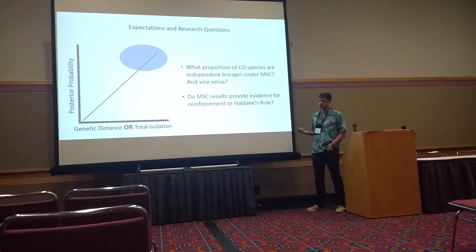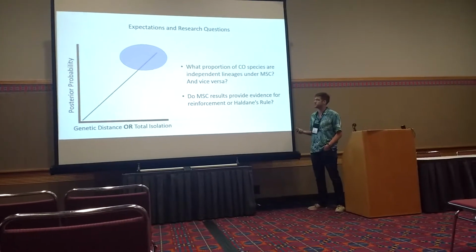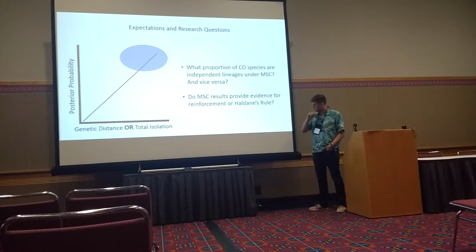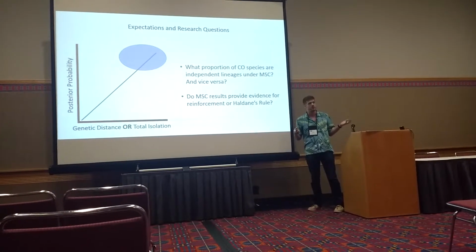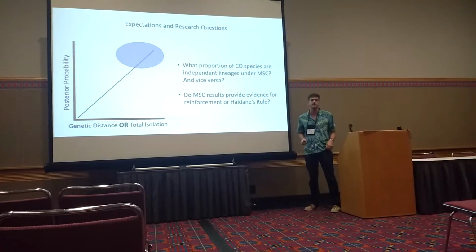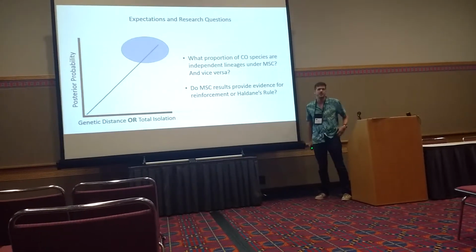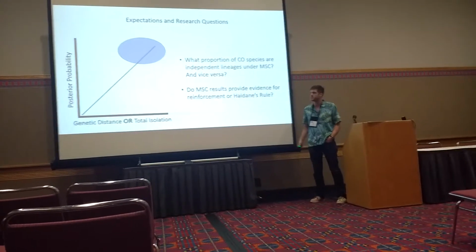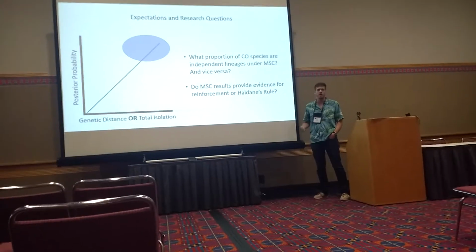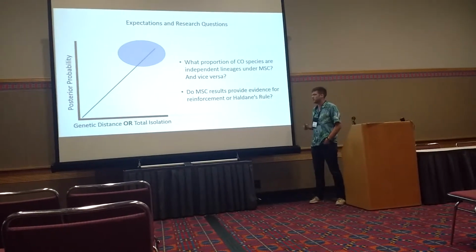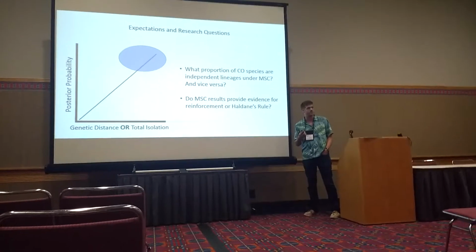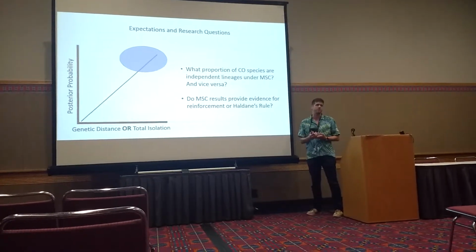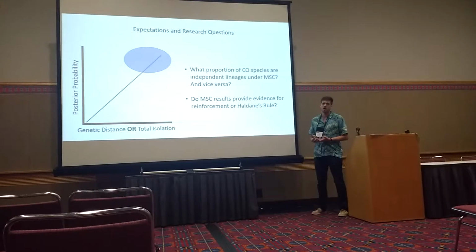And so what were our research questions with these expectations in mind? First pass was, what's the concordance between the two? What's the proportion of Coyne and Orr good species and MSC good species that we get out of these analyses? And then, going into more nuanced questions, does the MSC provide evidence for some of their conclusions about speciation theory regarding reinforcement and Haldane's rule?